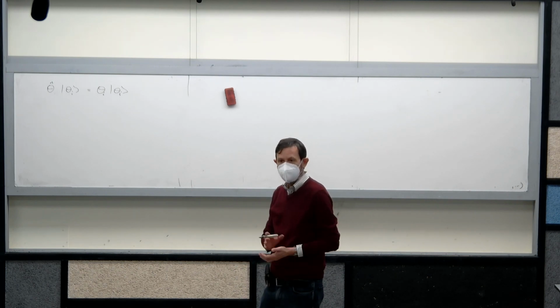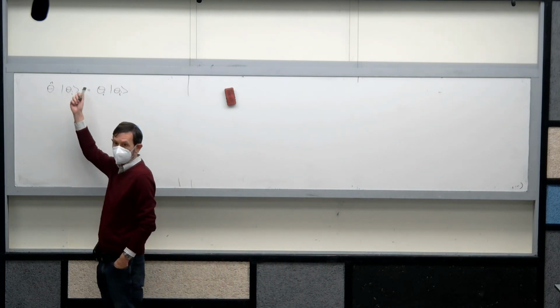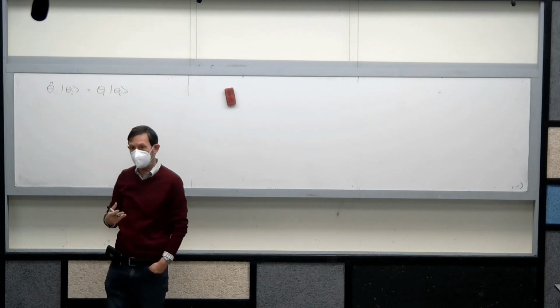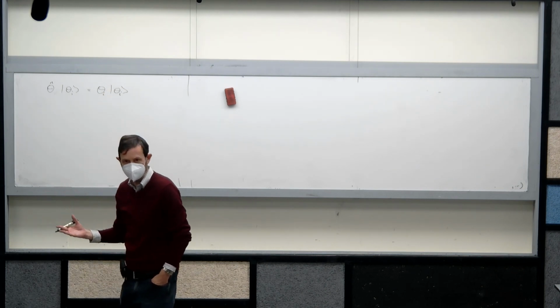Okay? So I have a set of eigenvalues, theta 1, theta 2, theta 3, that correspond to the eigenvectors theta 1, theta 2, theta 3.